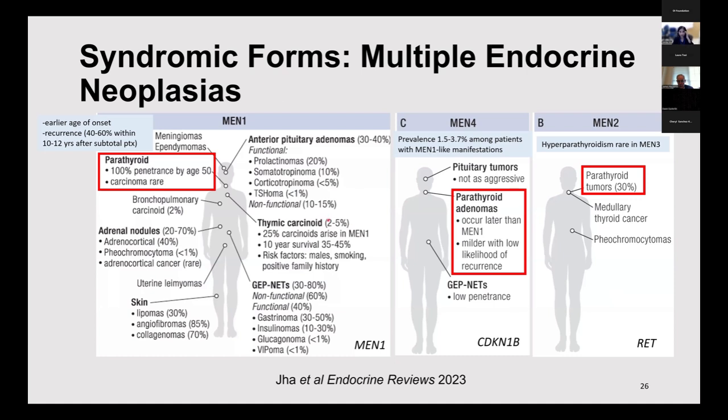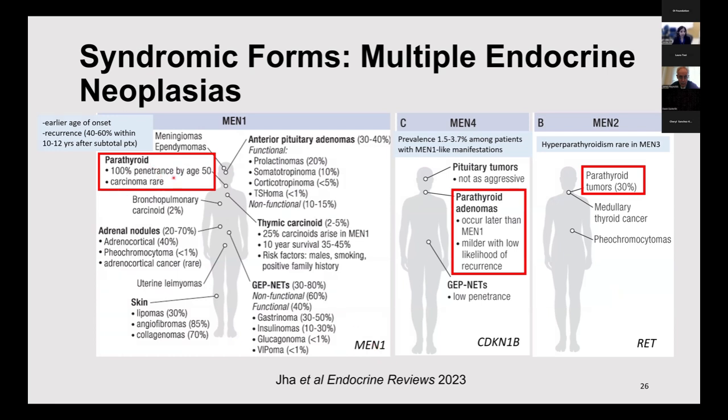What I wanted to show here is that the first syndrome, MEN1, as I mentioned, is very common. This is a busy slide, but almost all the patients with MEN1 develop primary hyperparathyroidism. The syndrome is caused by a loss of function of the MEN1 gene, which codes for menin, which functions as a tumor suppressor.